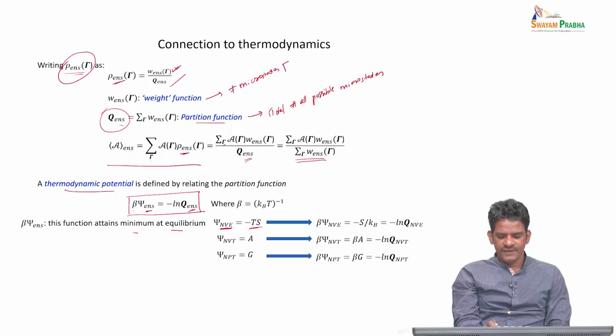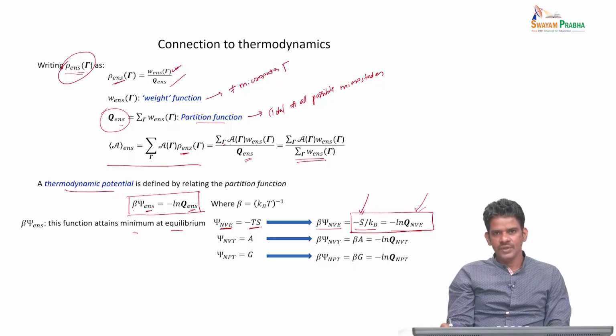So with this definition, if you substitute here, you see that phi for NVE is nothing but minus S kB times T, which equals minus ln Q NVE. So this is the relationship between thermodynamics and statistical mechanics. The entropy is given by the ln of Q NVE.